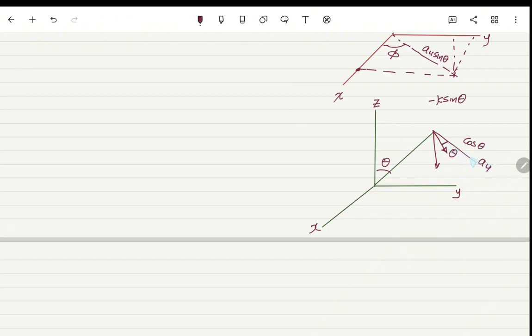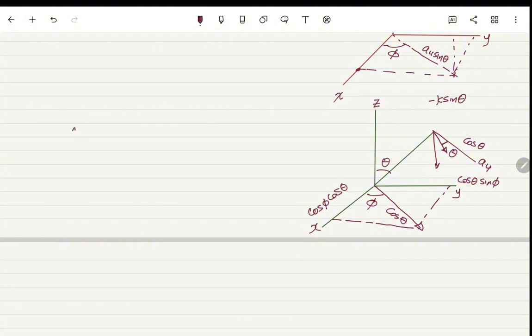Now, this a4 here has an image exactly in the xy plane this way here, but it's not a4, it's cosine theta. So the new vector here is cosine theta located in the xy plane. Now, this one has intercept with the x-axis, if this is phi here. So the x component for this one here will be cosine phi cosine theta, and the y component here will be cosine theta sine phi.